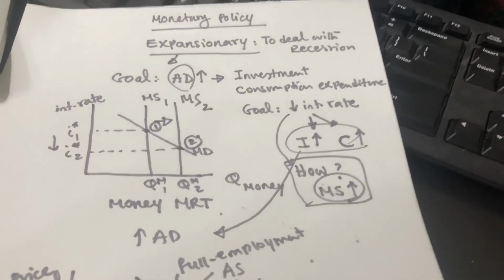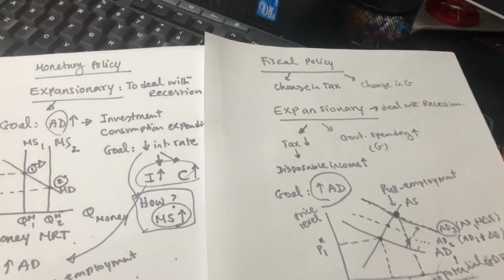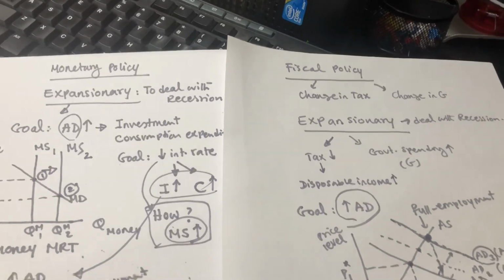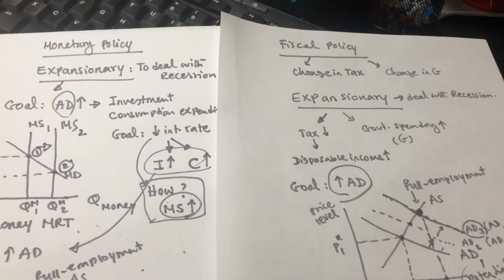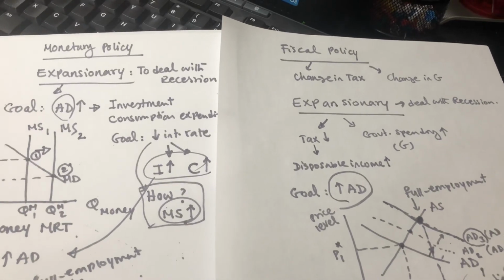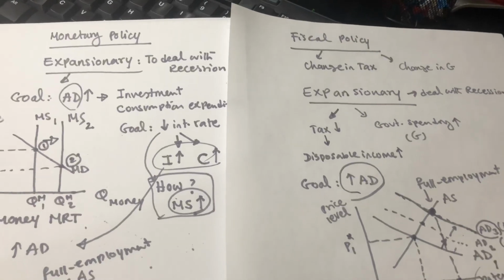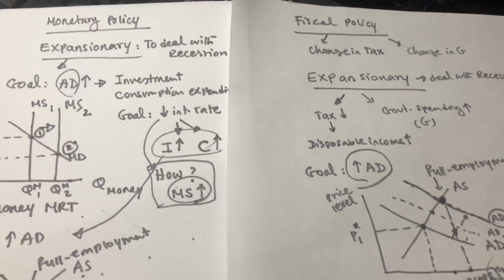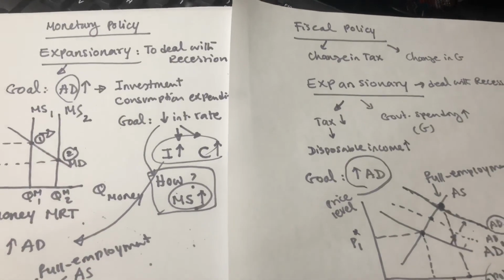So basically, during recession times, we have expansionary fiscal policy along with expansionary monetary policy, because they can work together better, and it's like two people helping a car to move forward, to push it. So the Federal Reserve and government together can help us to recover from recession.